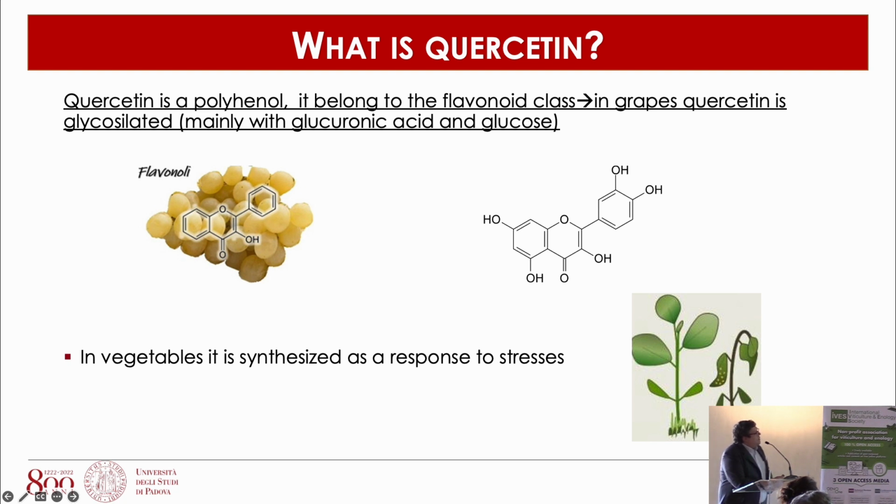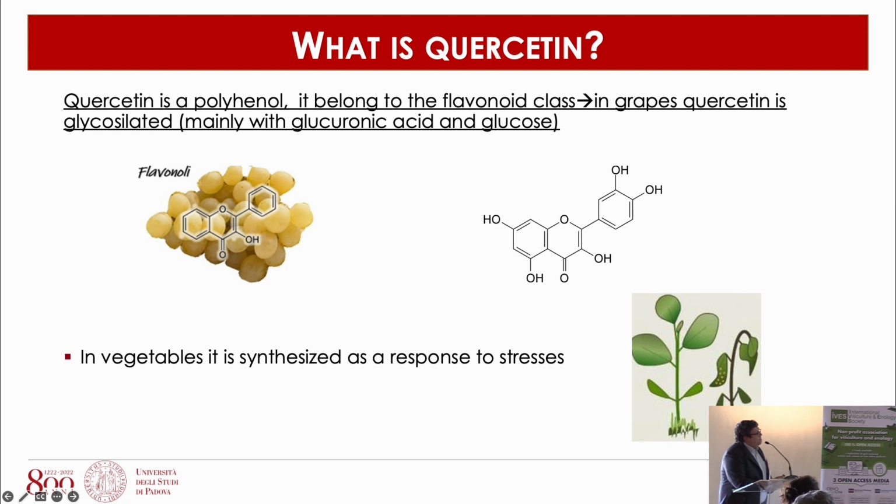And quercetin in grapes is present mainly in glycosylated form. The two main forms are the glucoside and glucuronide forms. Why? This is because the sugar moiety is hydrophilic and so allows the molecule to be more soluble and easier to transport in the tissues.